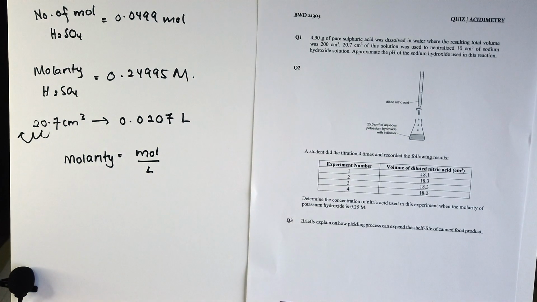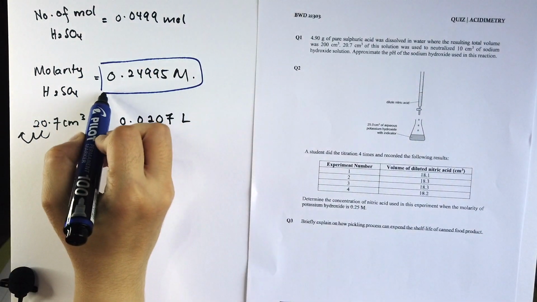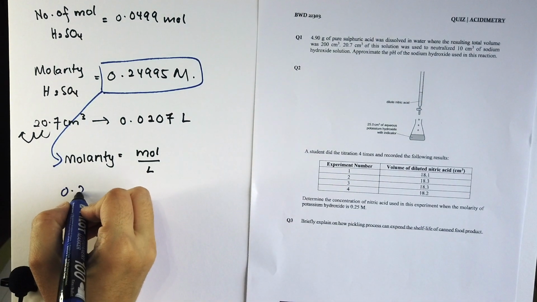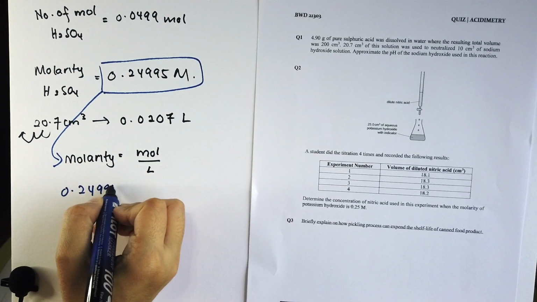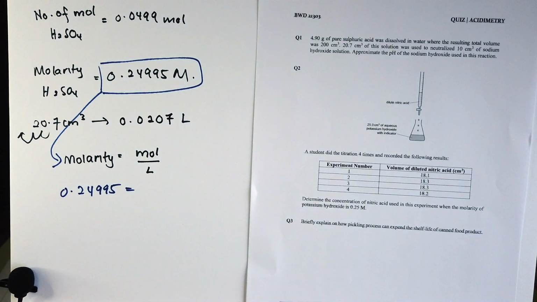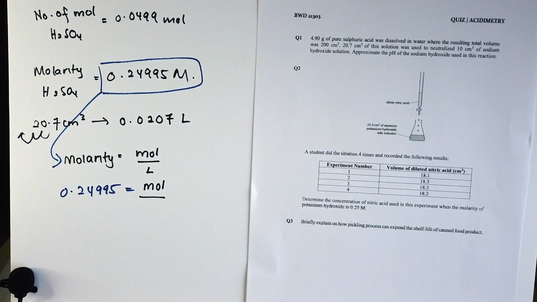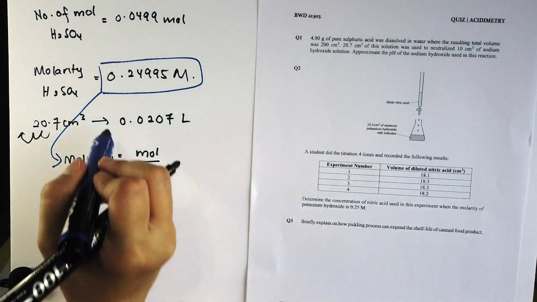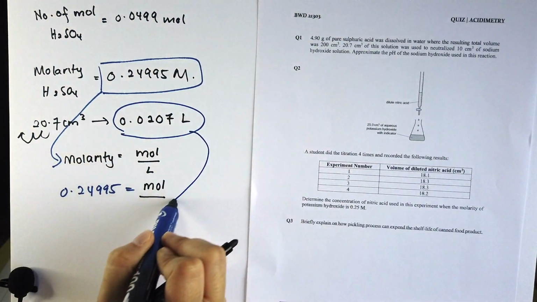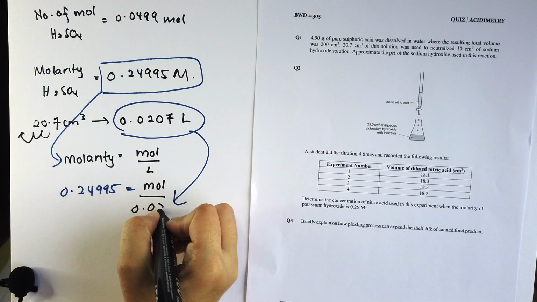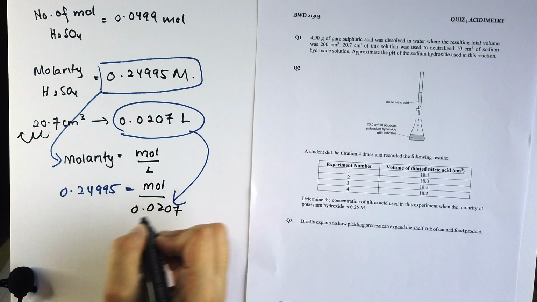So since you know the molarity of this solution, you bring it here. So 0.24995 equivalent to the mole that you want to find, and the volume that you use is actually this one, so you put it here. So you should get 0.0207.